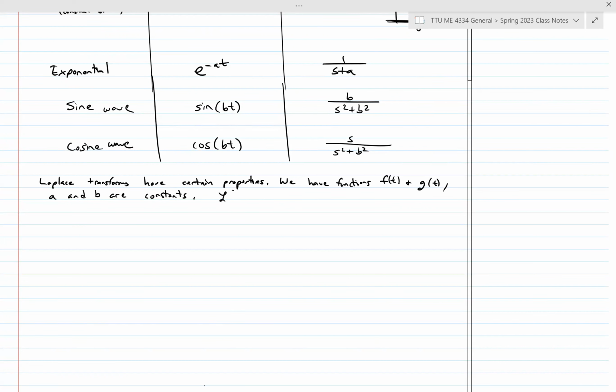The Laplace transform of f is going to be big F of s. The Laplace transform of little g as a function of time is big G of s.